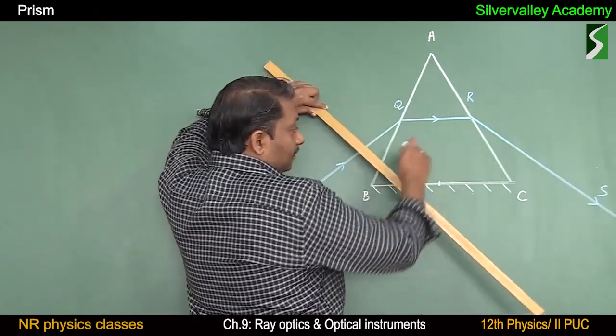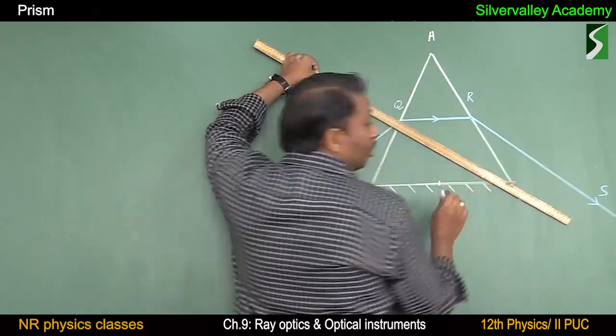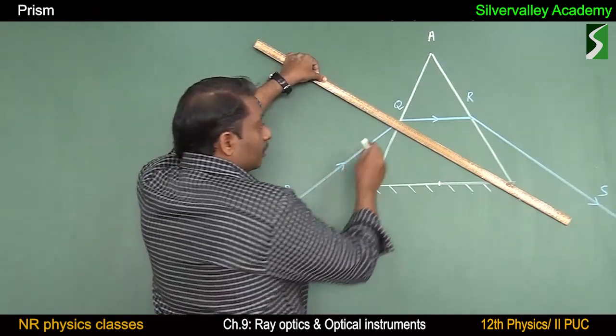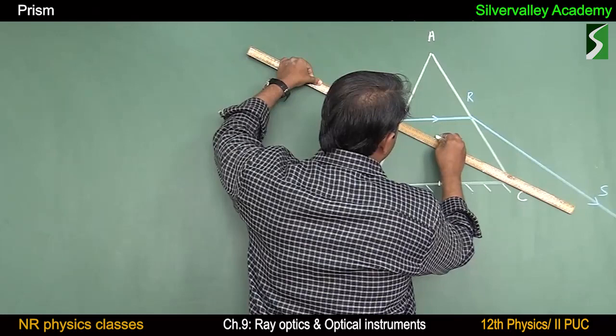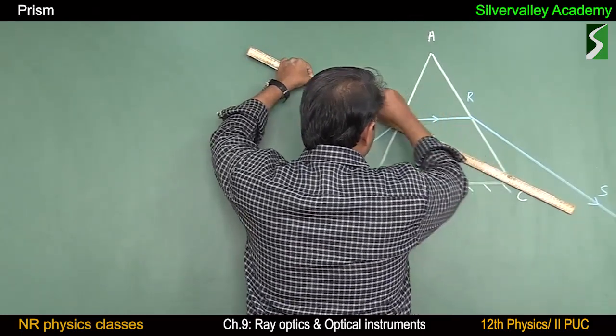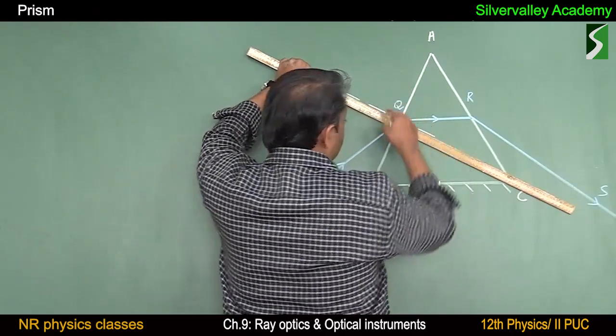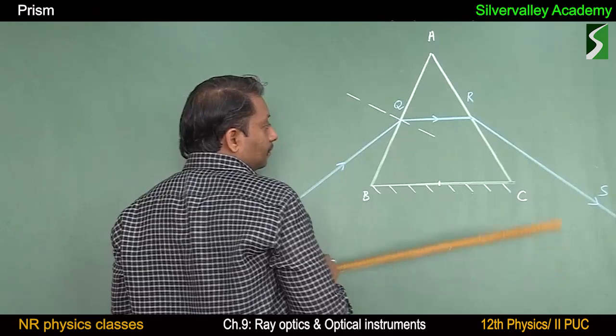Let me draw normals. Normal means perpendicular drawn at the point of incidence. So this is normal drawn at this point of incidence.